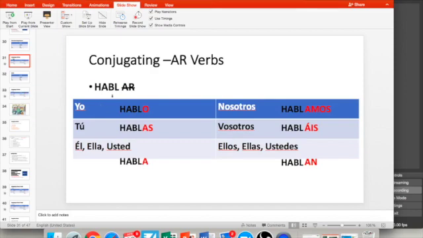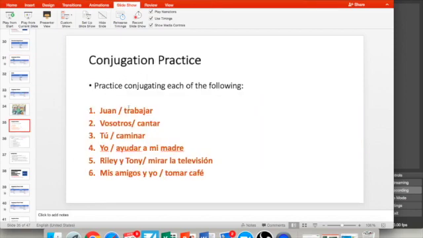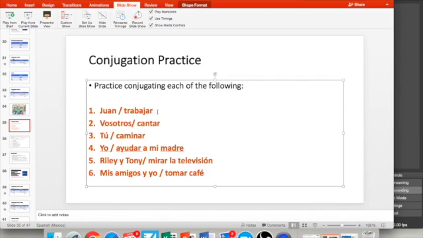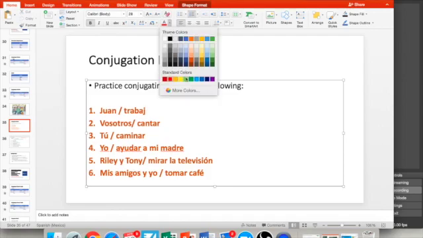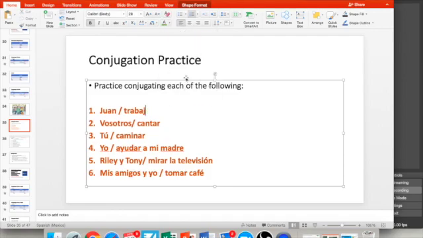And my ending for an AR verb is just an A. So as I look at my verb trabajar, in order to conjugate this verb, I need to chop off the AR, the ending, and add back my ending, which is just an A. So I should say that Juan trabaja, Juan works, trabaja.